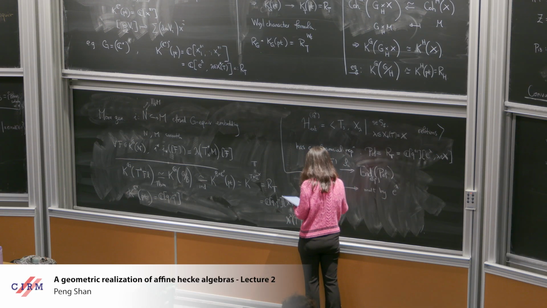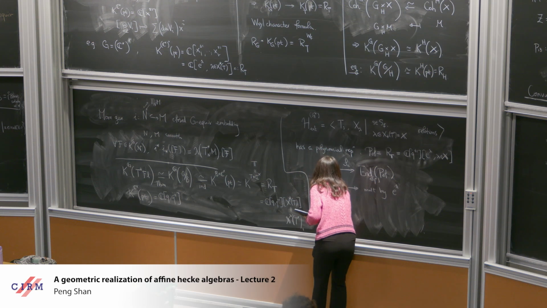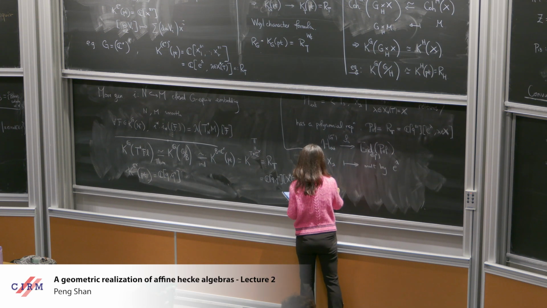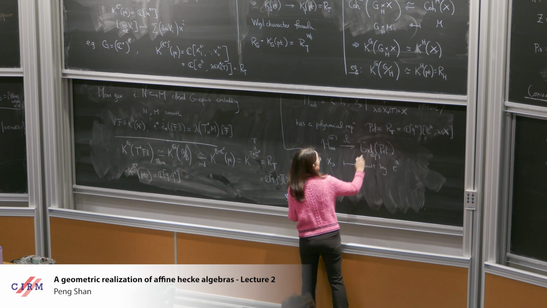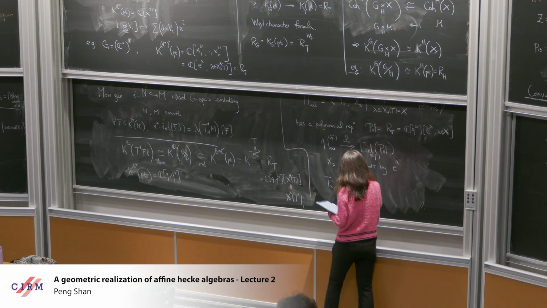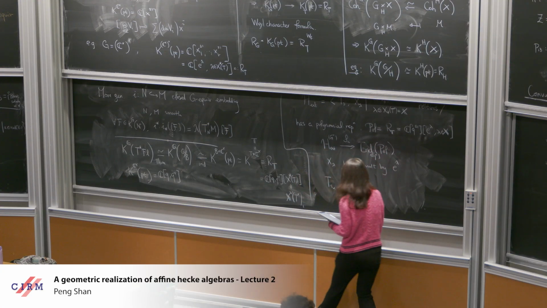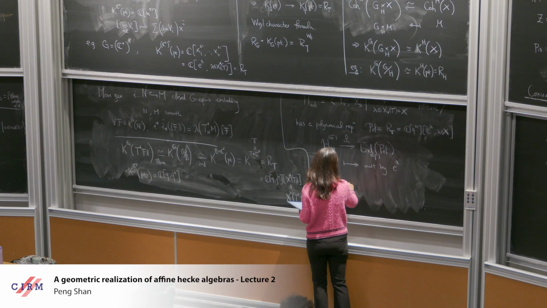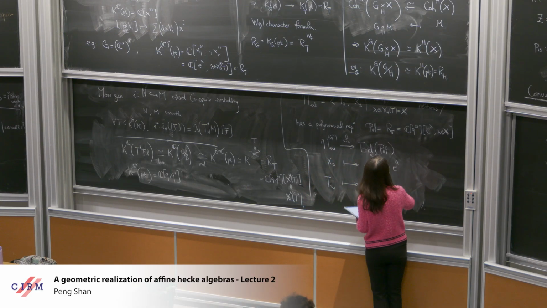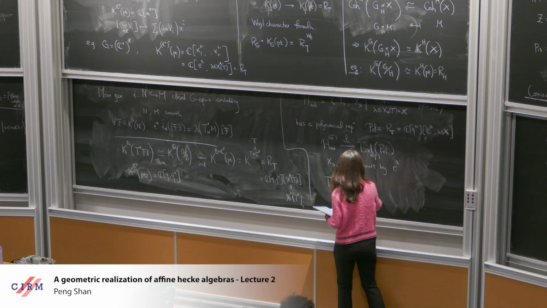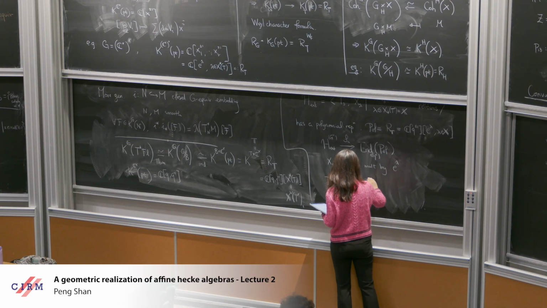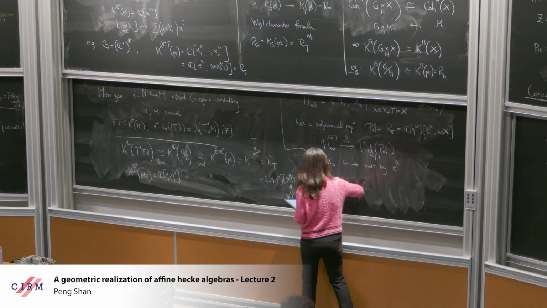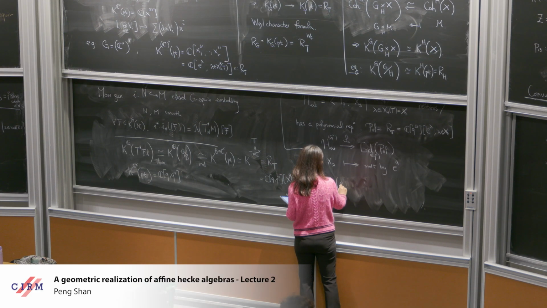And then the T, so we have some T_s for each of the finite reflections. Let's write our s as α. So we need to say how it acts on these generators. Then it acts by sending, maybe I will just write T_{s_α} acting on e^μ.